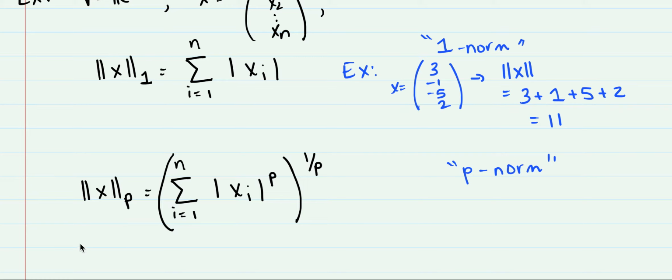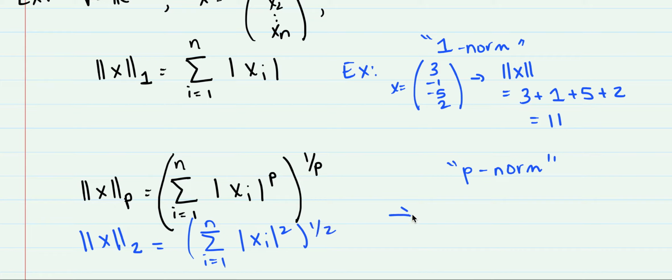So actually, if you just think about the 2 norm, this is the regular norm defined in terms of the inner product, because the absolute value of something and then squaring it, you don't actually need to take the absolute value, right?